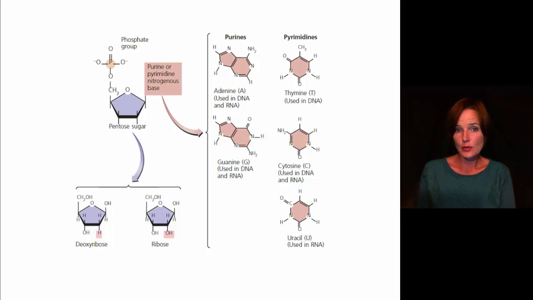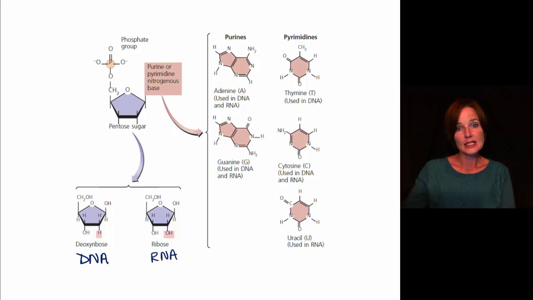We can have deoxyribose or we can have ribose. That is really what determines whether we're looking at a nucleotide you would find in DNA or one that you would find in RNA. Deoxyribose is what the D stands for in DNA, and ribose is what the R stands for in RNA. All of the nucleotides of DNA will contain the deoxyribose sugar, and all of the nucleotides of RNA will contain the ribose sugar.